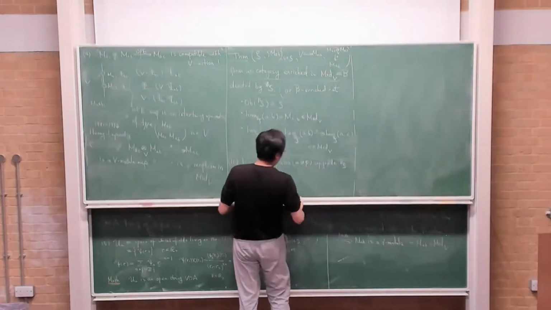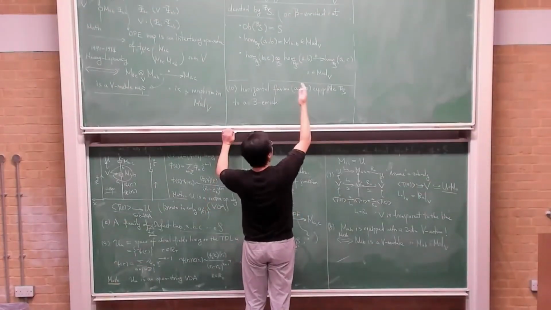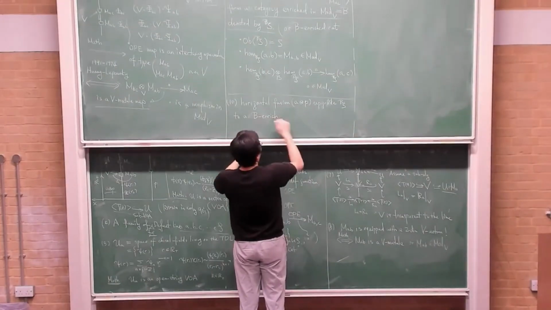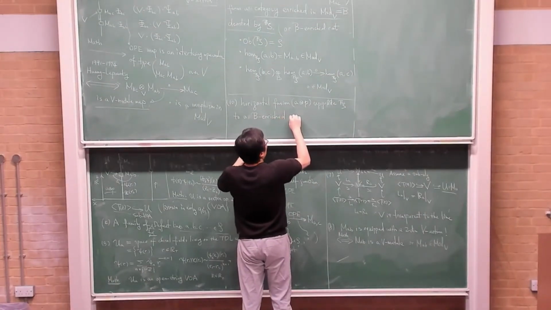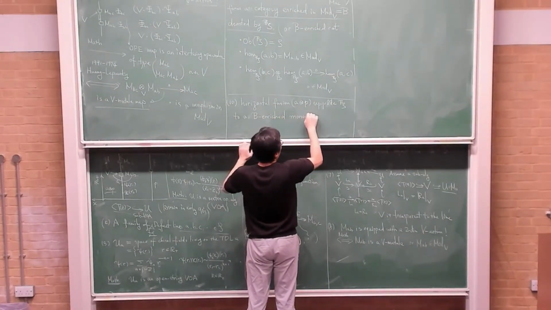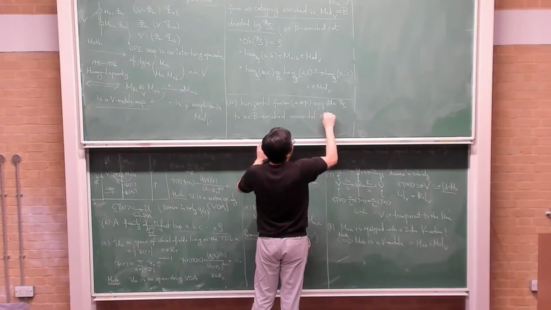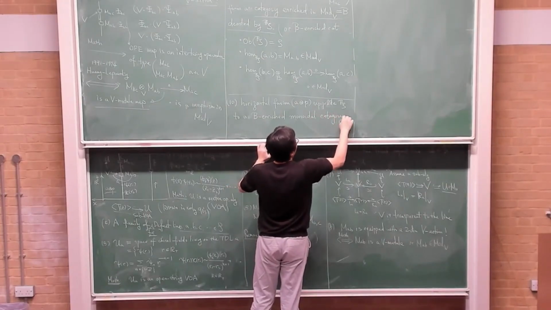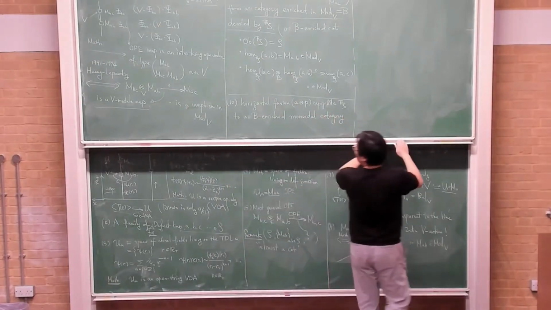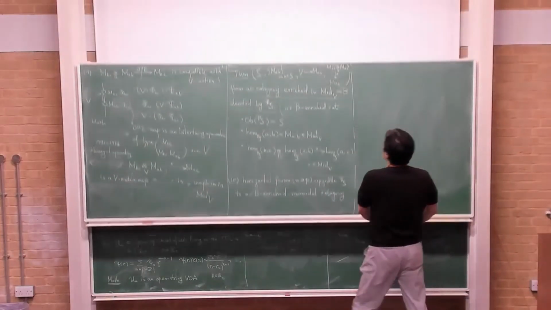So we upgrade this, but this is just a category. Now we upgrade it to a B enriched monoidal category. Okay. Now we can state the main results.